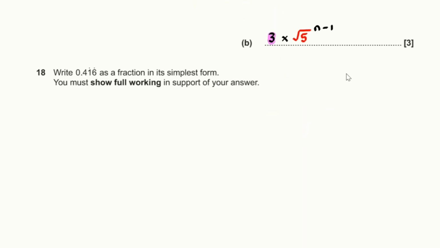Question number 18. We have to write 0.416 recurring, where the 1 and the 6 are repeating themselves, as a fraction in its simplest form. You must show full working to support your answer.